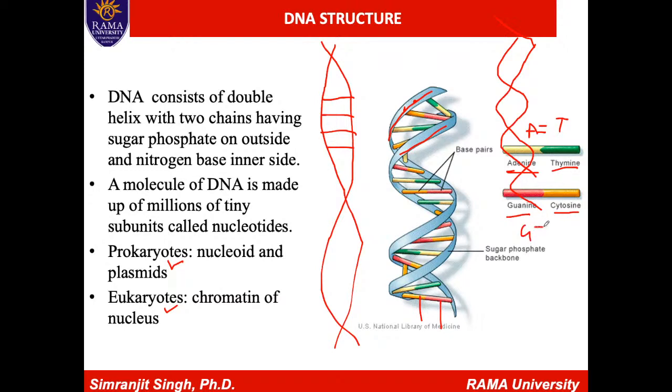You are the cream of India here in our session, but it's my task, before I go to the advanced levels, that the basics need to be clear first. So A and T will make double bonds. G and C will make, sorry, slip of the tongue, definitely triple bonds, and these are hydrogen bonds.